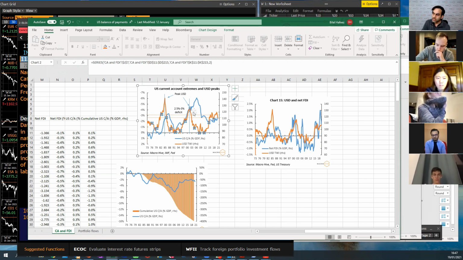Now, if you look at the next peak in the dollar, that was around 2000, you see the current account went above 3%, it got to around 4%, and then that's when the dollar really cracked and started to fall. And the current account deficit carried on getting wider and wider, and the dollar carried on falling until it came to a point around here where the dollar had weakened enough so that the current account deficit started to fall once again.